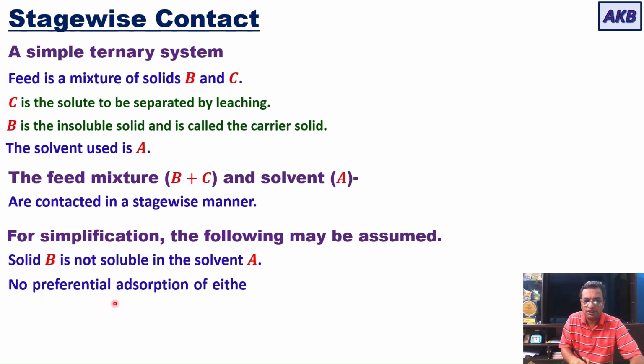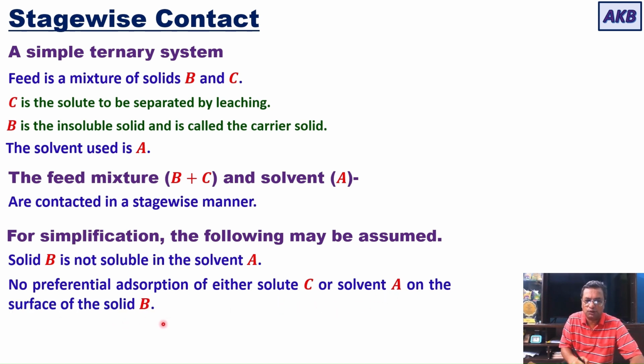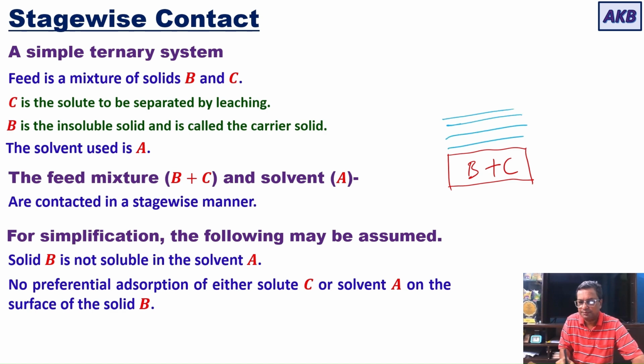Then there is no preferential adsorption of either solute C or solvent A on the surface of solid B. So the second assumption is that there is no preferential adsorption of either solute C or solvent A on the surface of solid B. I have discussed the concept in my previous video, but yet I'll tell you once again. When you have the solid mixture B plus C and when this is contacted with solvent A, then what happens?